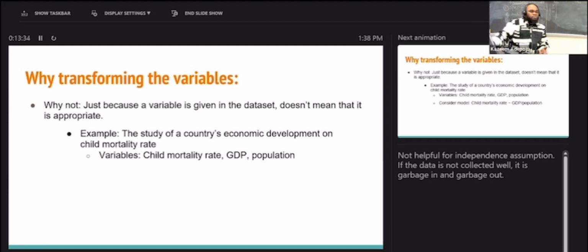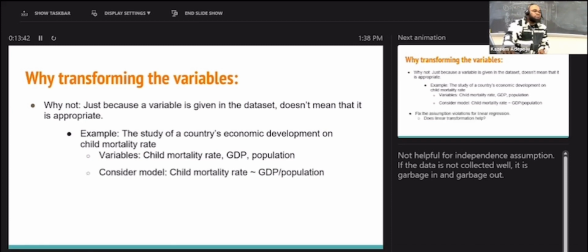The possible variables would be child mortality rate, GDP, and population. I cannot just look at child mortality rate on GDP. That is not going to make sense. I have to redefine my GDP. Now I'm talking about GDP per capita, or GDP per the population.